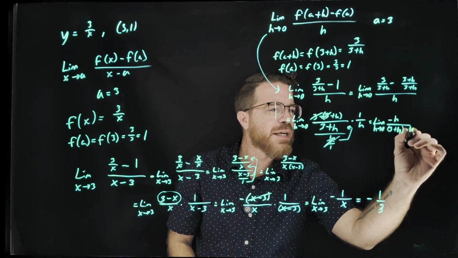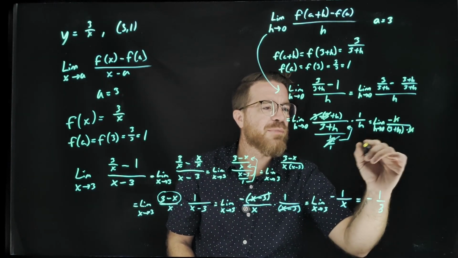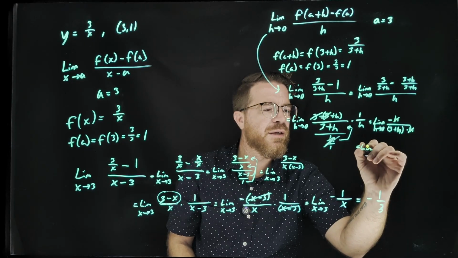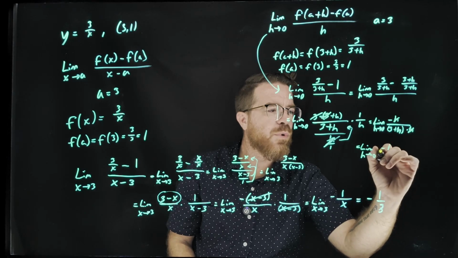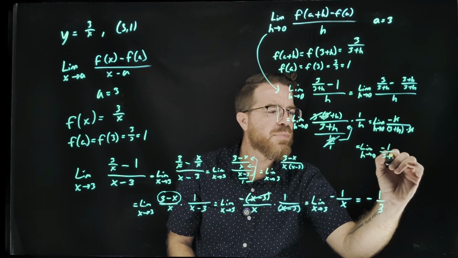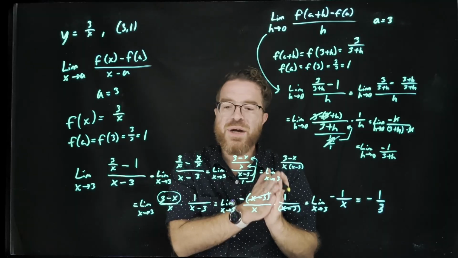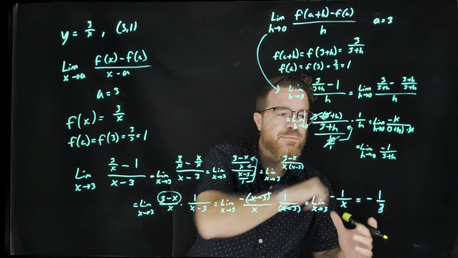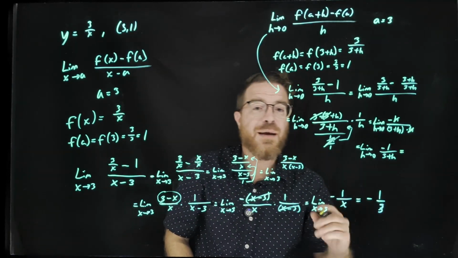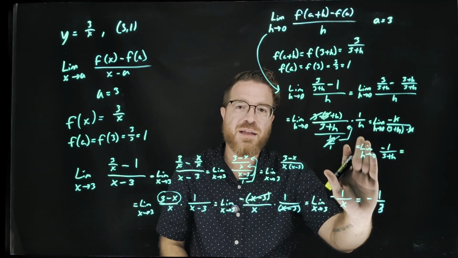This h is going to cancel with this h. Now what I'm left with is the limit as h goes to 0 of minus 1 over 3 plus h. At this point, I can evaluate, because as h goes to 0, I can plug this in here and I won't get a 0 in the denominator anymore. So now that I'm evaluating, I don't need to carry my limit over anymore.